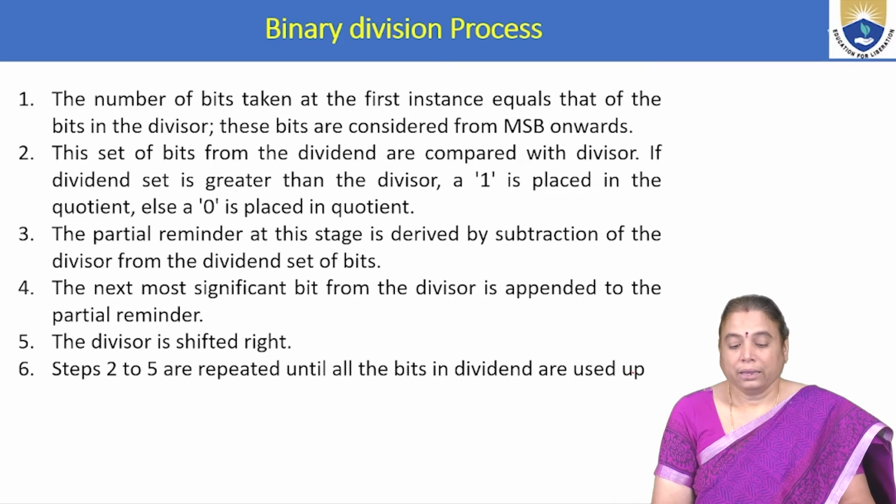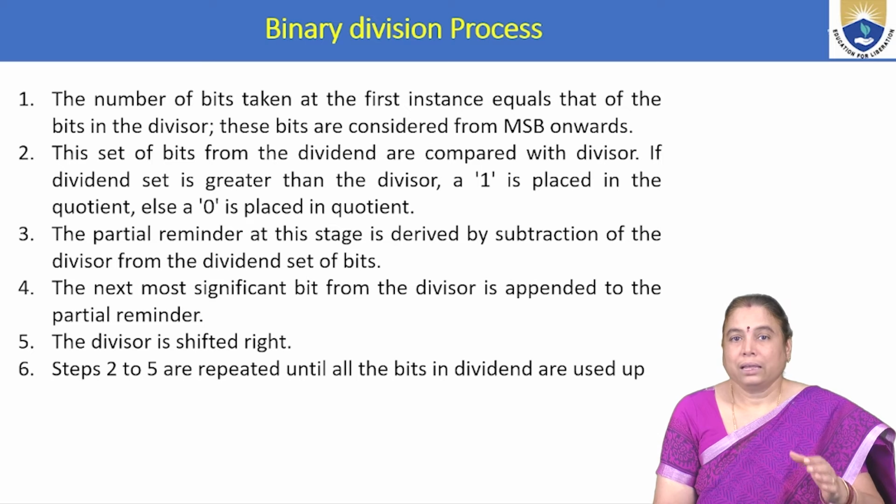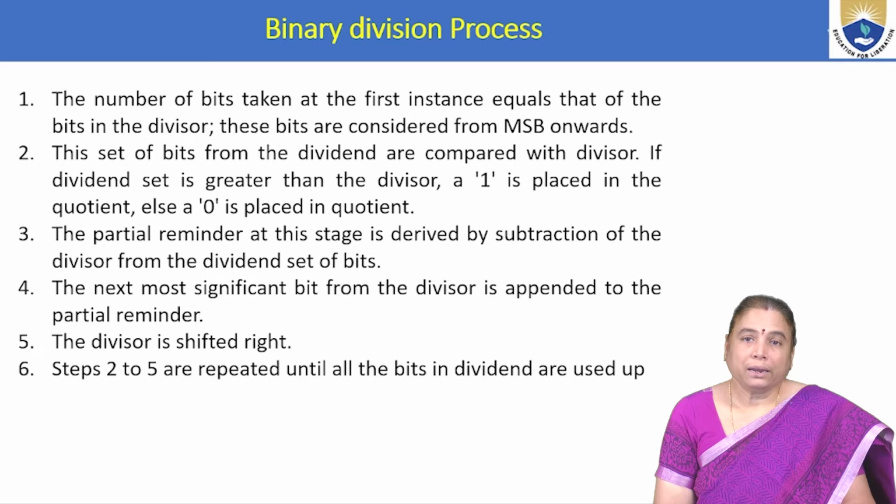Just as decimal division is performed, binary division can be performed in a similar way. Binary division is very simple compared to decimal division. Here the comparison is easy, as only two digits are available in binary, either 0 or 1.